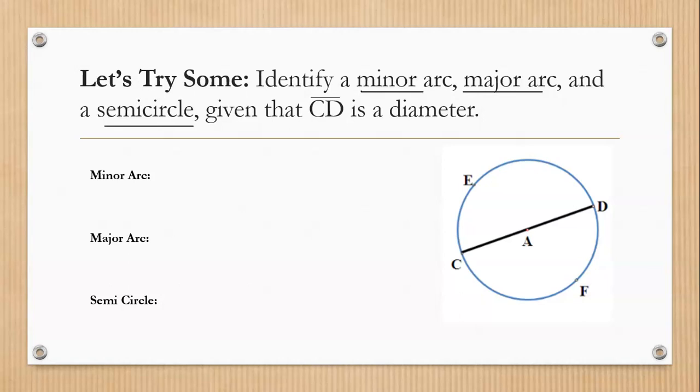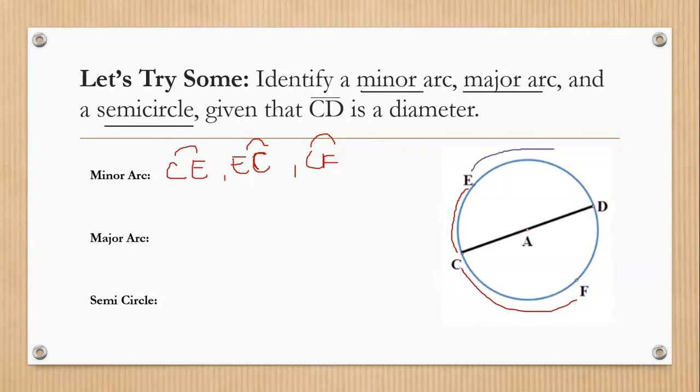So there's a lot of different answers for this, right? A minor arc is something that's less than 180. So here's one. You could say C to E. And we know you're talking about a minor arc. What else? We could say EC. There are tons. You could go C to F, anything that's smaller than 180 degrees. So let's do a major arc.